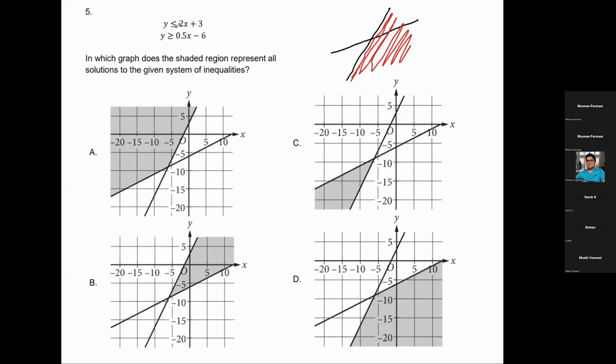And then for the other graph, we're given y is greater than or equal to 0.5x minus 6. So for that one, we know that the other line is 0.5x minus 6 because it has a slope of 0.5. And we need to find what is above that. So that would be this area.